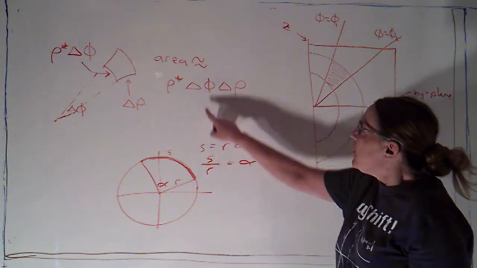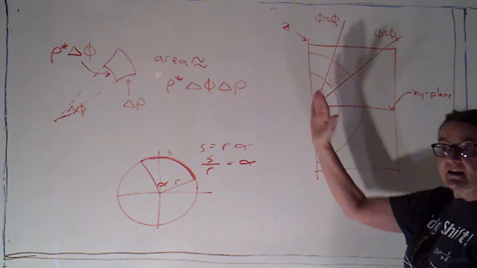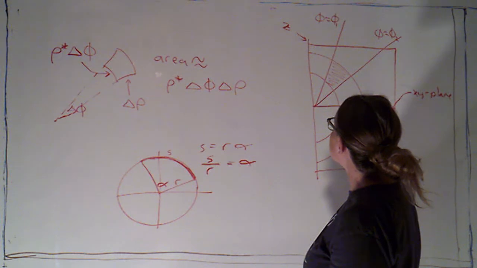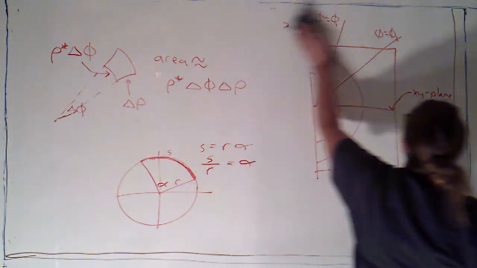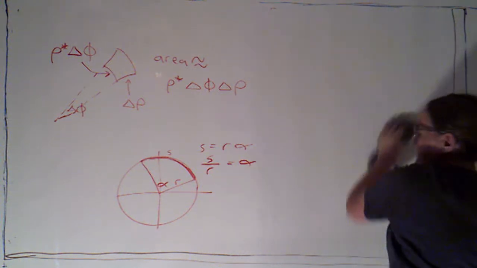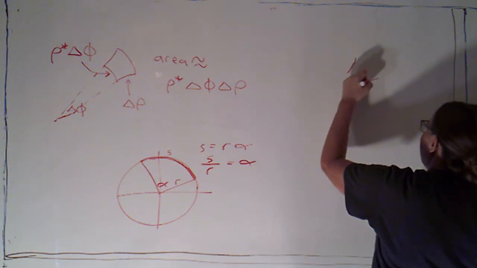Okay. So now I need to calculate the change in theta. So I need to account for the fact that we're going to rotate this shape forward, or backward. I'm going to do it forward because that's easier to draw. Okay.